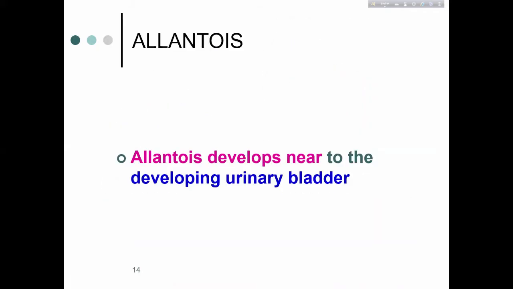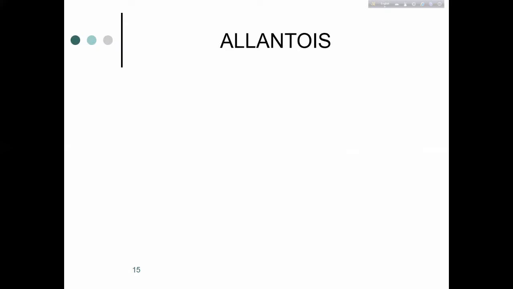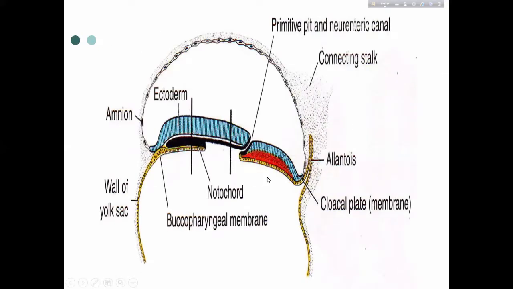And the allantois develops near the developing urinary bladder. Later on we will see that our gut tube will be formed by incorporation of the wall of the yolk sac.